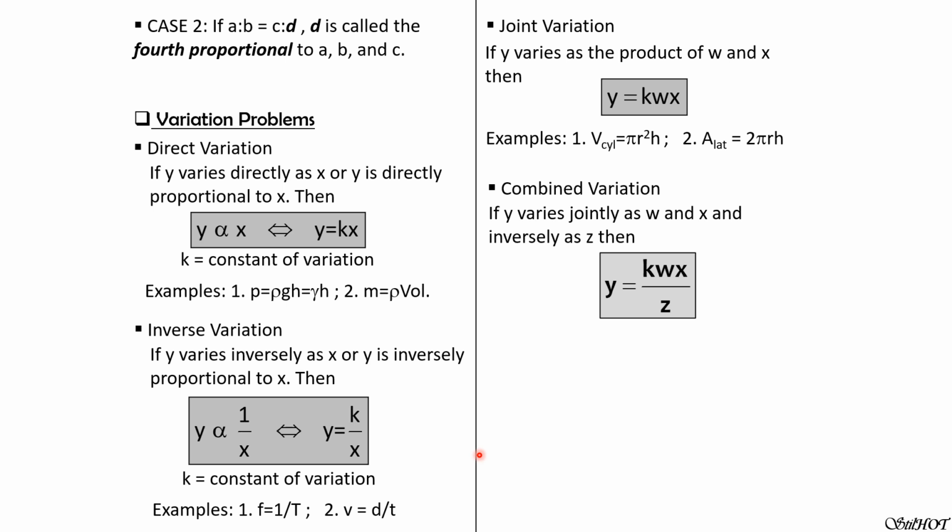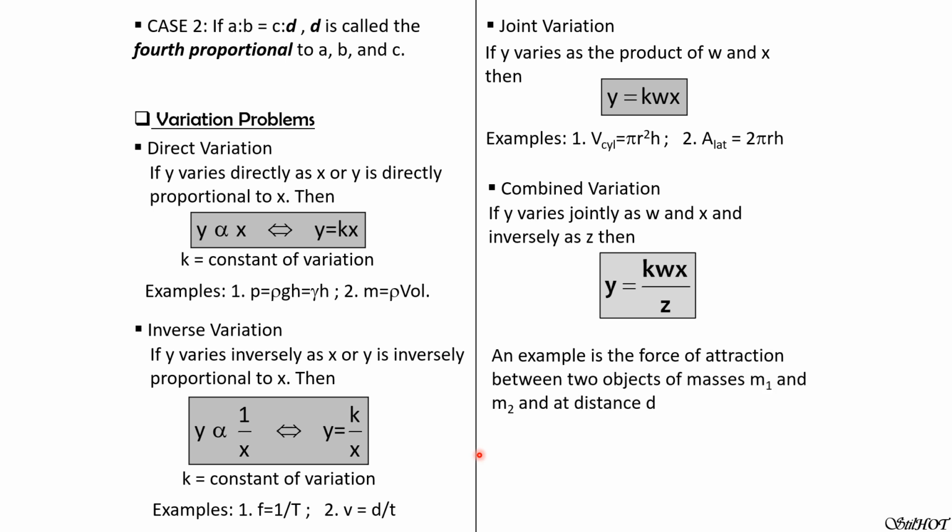So an example of this is the force of attraction between two objects of masses m1 and m2 at distance d apart. So this is Coulomb's law, I think, in electrical engineering, and you can encounter this also in physics.